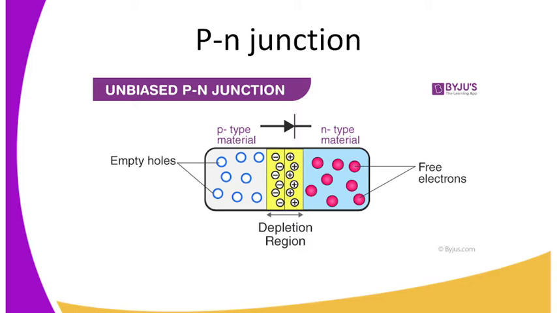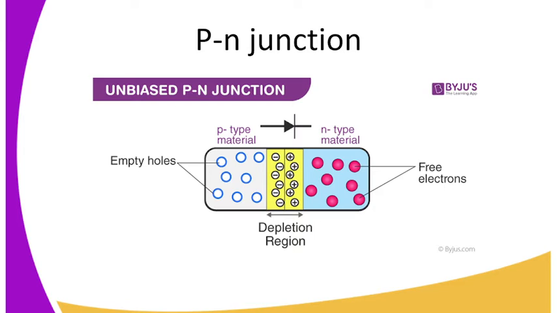An intrinsic semiconductor can be doped simultaneously by trivalent and pentavalent atoms, such that one half of it becomes a P-type and the other half an N-type semiconductor. A junction known as the PN junction is then formed between the two regions.